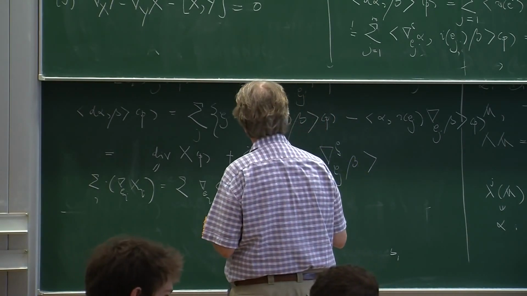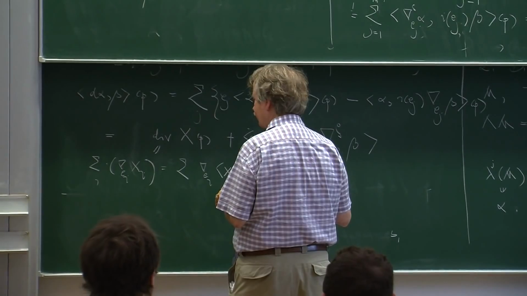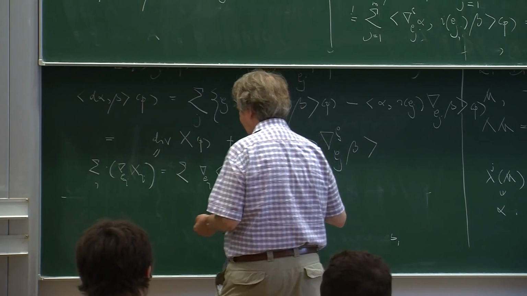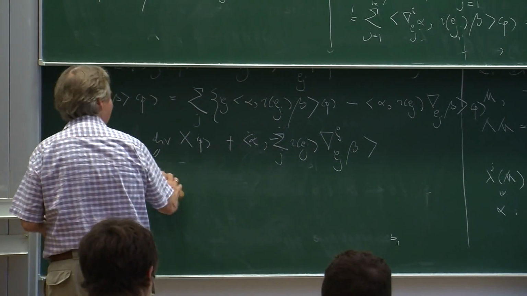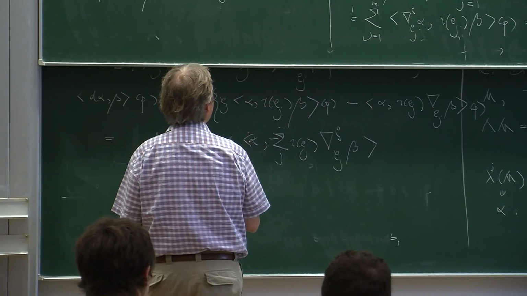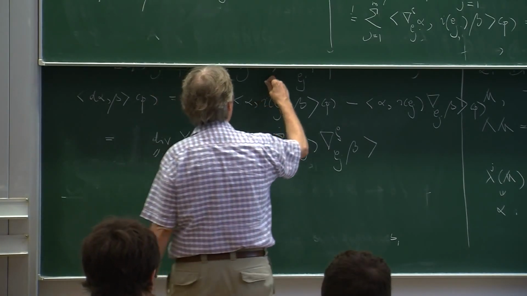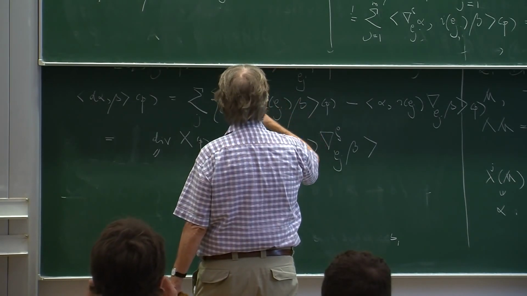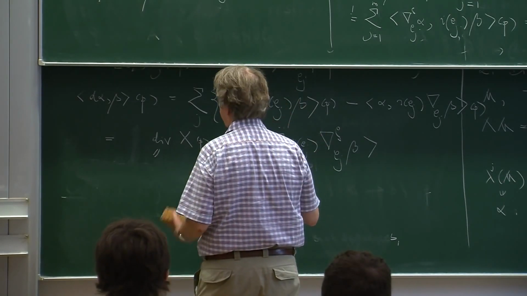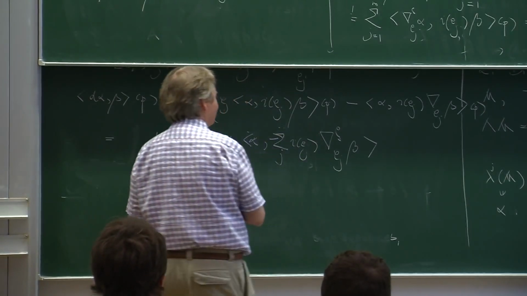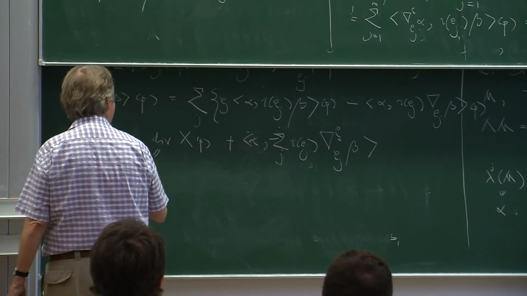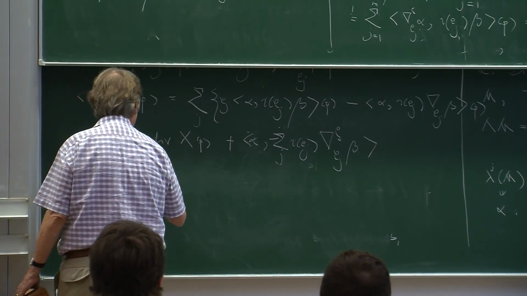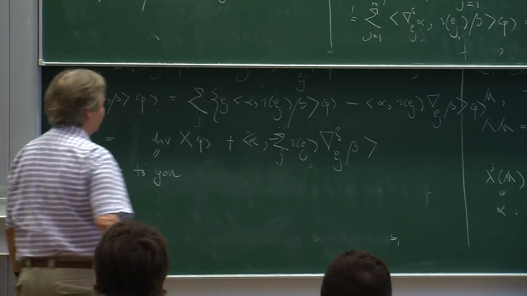Something is wrong here. Okay. If I call this a vector field X, EJX minus, somehow I forgot this formula. So let's say I leave this to you for a moment. We can do it afterwards.